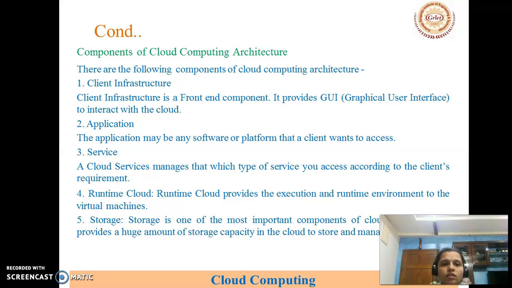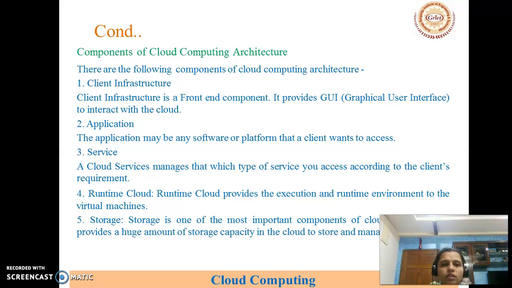Right. Next one is the application. The application service, cloud service manager, runtime cloud, and storage will all be available at the backend. The application may be any software or a platform that a client wants to access. Right? The application may be any of the software or platform which will be accessed by the client.